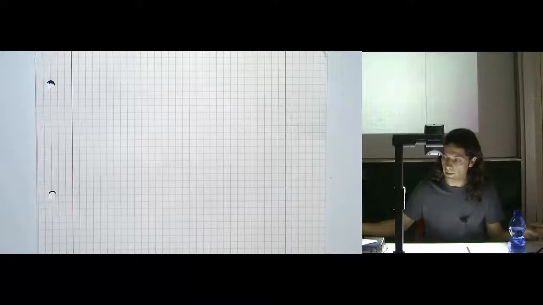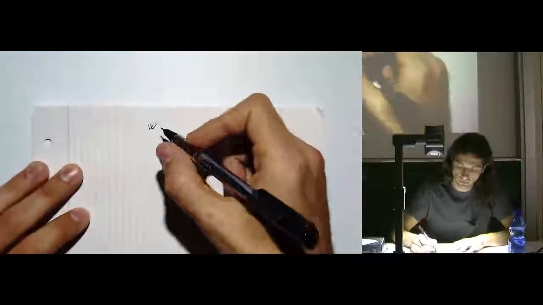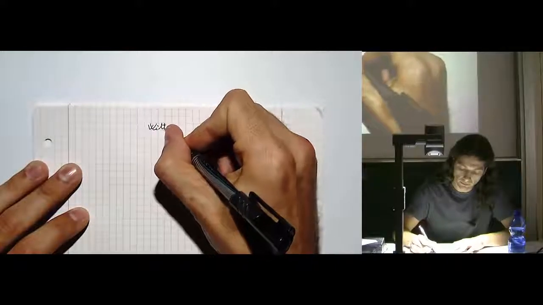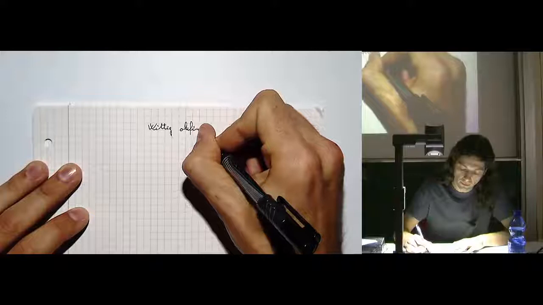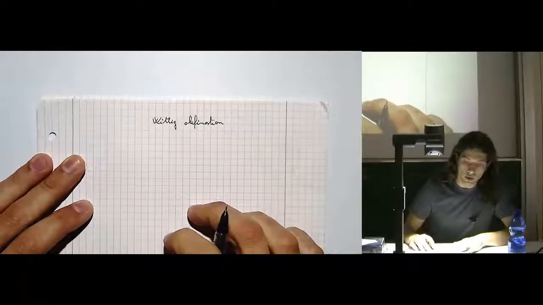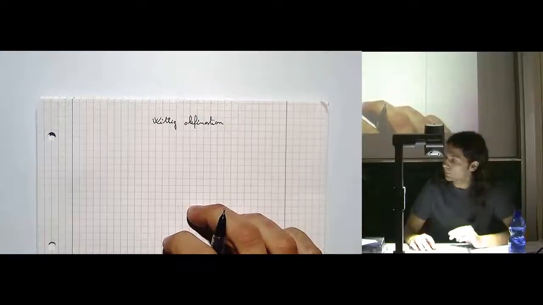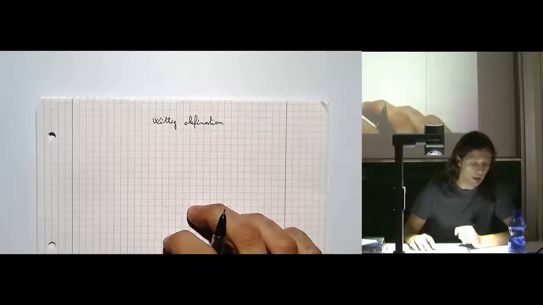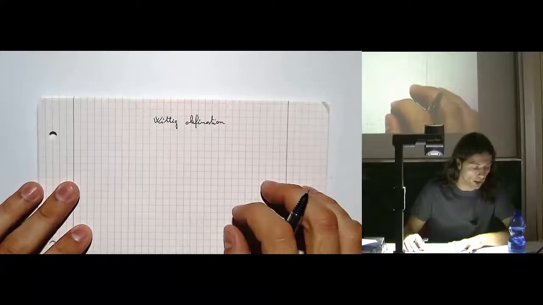So first of all, the Wittig reaction. The Wittig olefination starts first of all with the synthesis of the phosphonium halide, which is the reagent used for this kind of coupling.